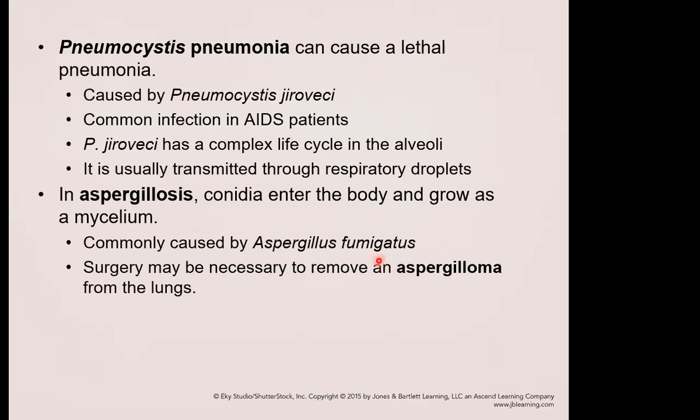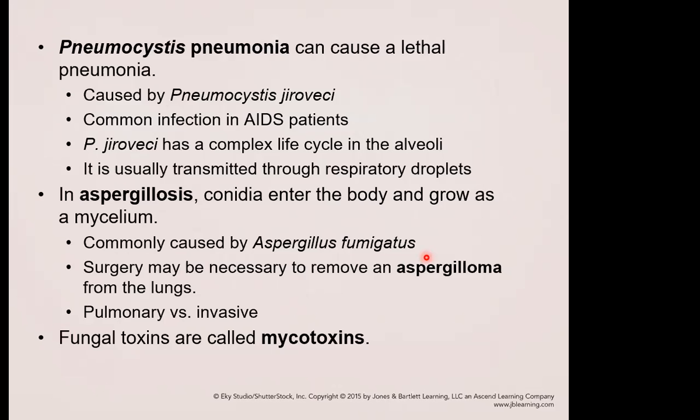And we would call that an aspergilloma, a mass of aspergillus. So it can stay in the lungs, or it can be invasive and spread through the whole body. And then the very last thing for today, if you have a fungal infection and it secretes a toxin, we're going to call that a mycotoxin.